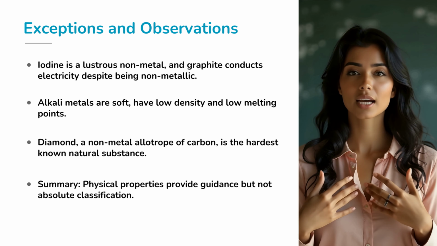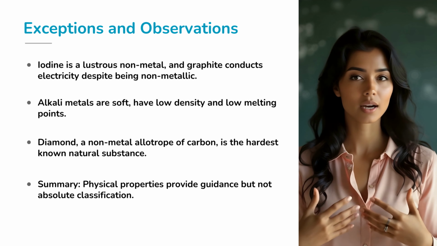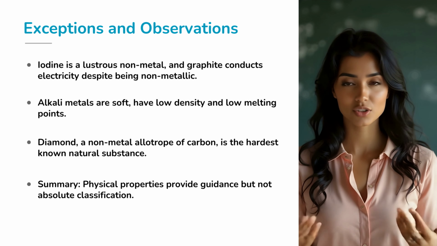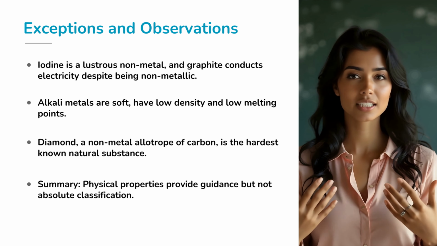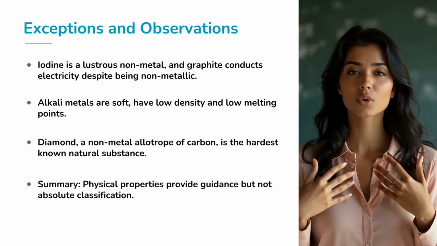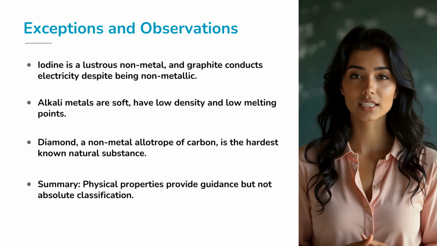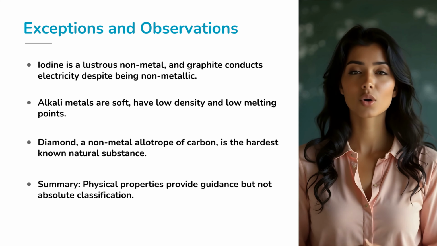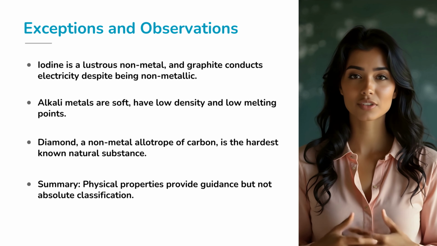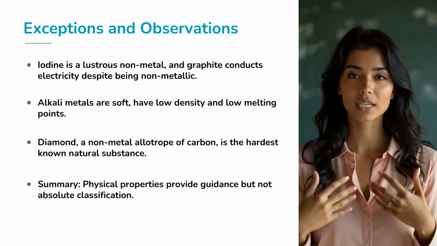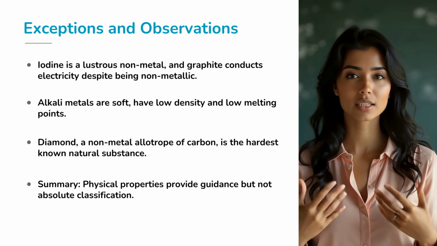Diamond, on the other hand, is a form of carbon, a nonmetal, but it is the hardest known natural substance on Earth. These anomalies tell us one thing: while physical properties are extremely useful in classifying elements, nature always surprises us. That's why we need a mix of physical and chemical properties to make meaningful classifications in the periodic table.